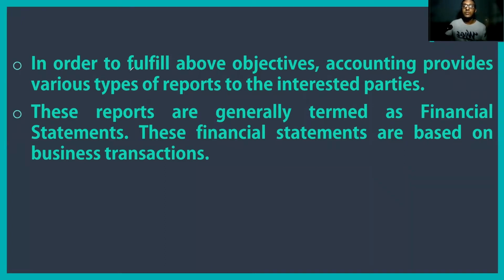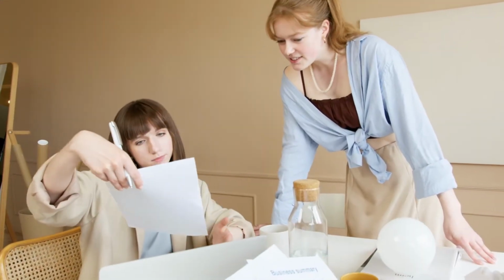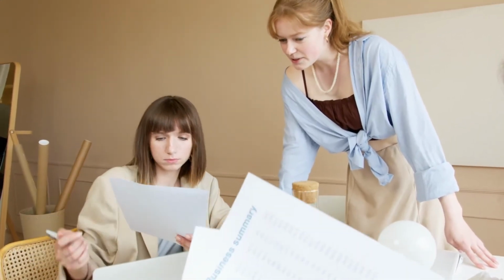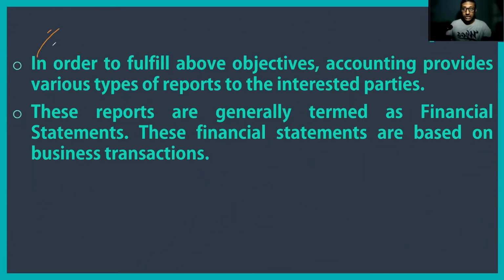So in order to fulfill the above objectives, accounting provides various types of reports to the interested parties. Mainly, guys, we have 2 main reports, right? When you come to grade 11, you will learn those 2 reports. I'm just going to mention those 2 financial statements.